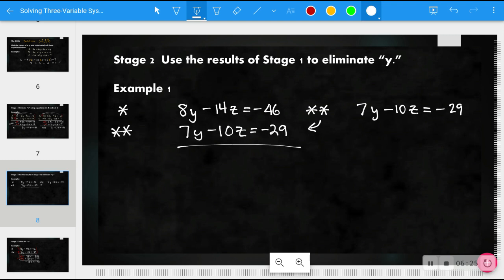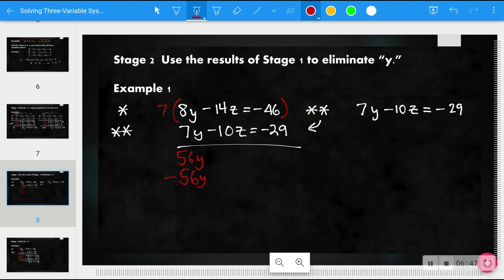And then we're going to eliminate the y value. Now the least common multiple of 8 and 7 is 56. So I'm going to go with a 56y here as my goal, and its opposite so that we'll cancel those later. Okay, the top line to make it a 56y has to be multiplied by 7.